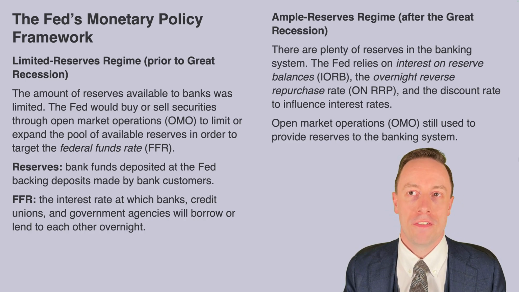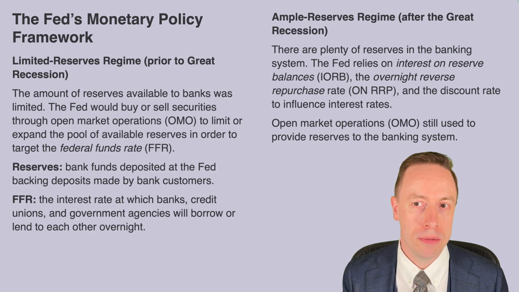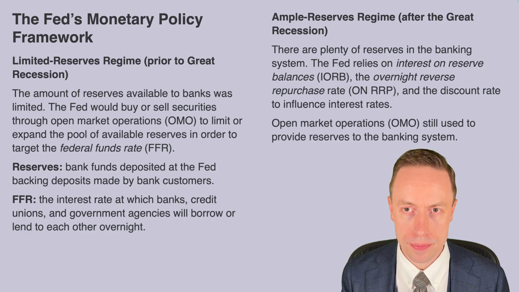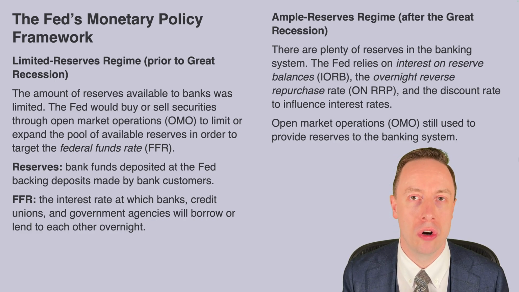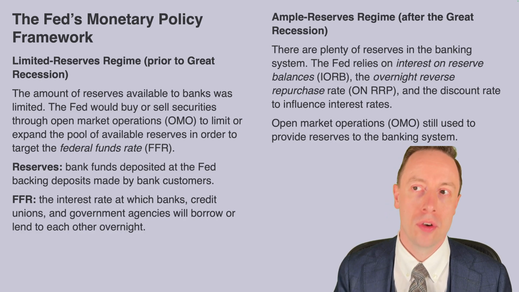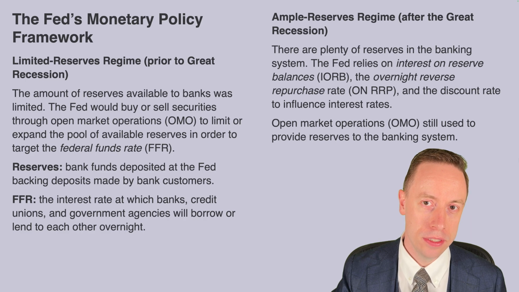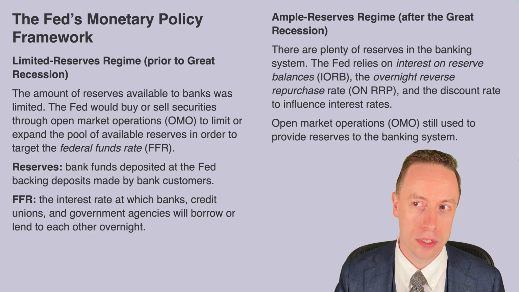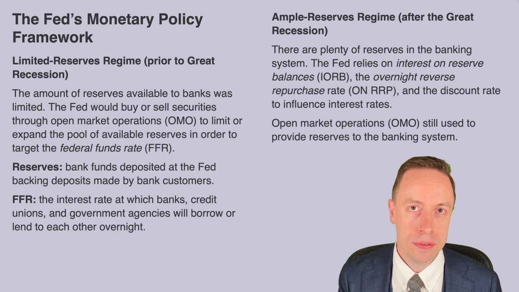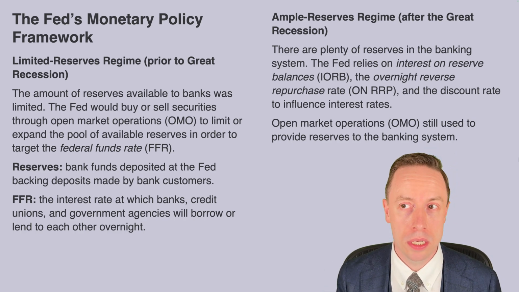Now, finally, the Federal Reserve also has a tool available to make sure that interest rates don't go too high. If there is a concern that the borrowing cost for banks becomes too high, the Federal Reserve can also make loans to the banks. So when the banks have deposits with the Fed, that's interest on reserve balances. When the banks borrow from the Fed, this doesn't happen a whole lot, but it does happen.